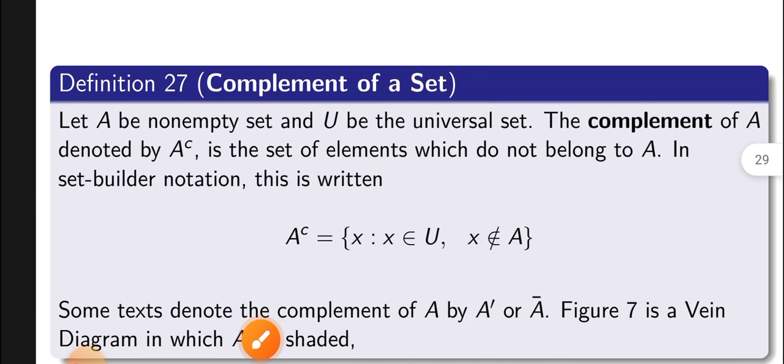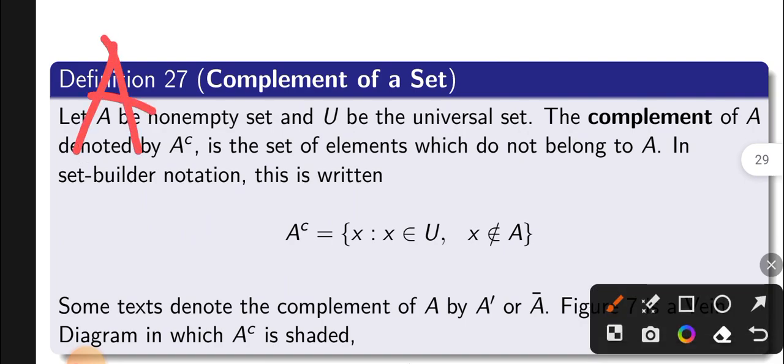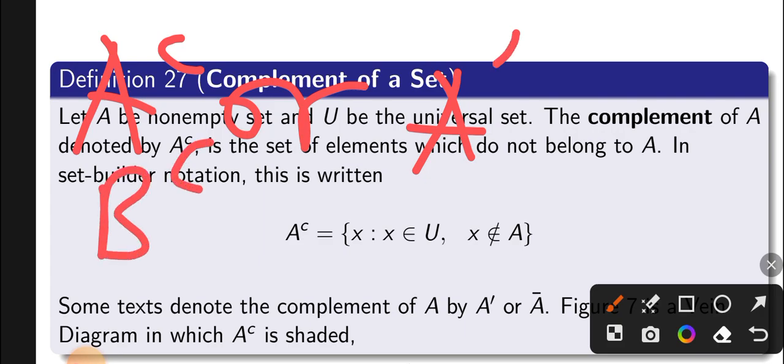Okay, complement of a set. So let A be a non-empty set and U be the universal set. The complement of A is denoted by A^C. So complement can be denoted by A^C or A prime, B^C or B prime.